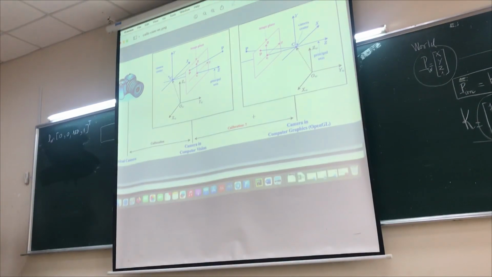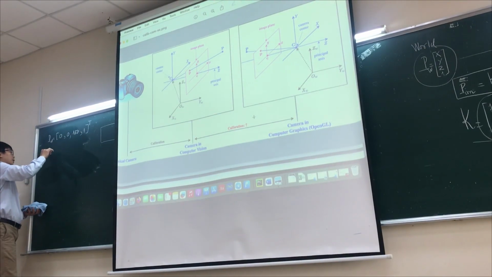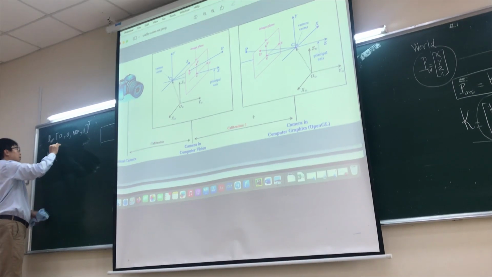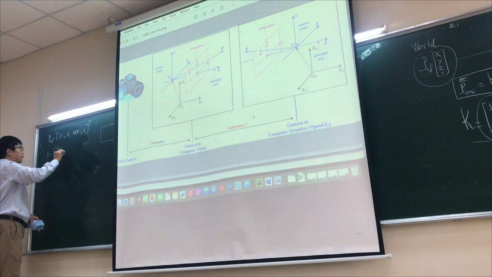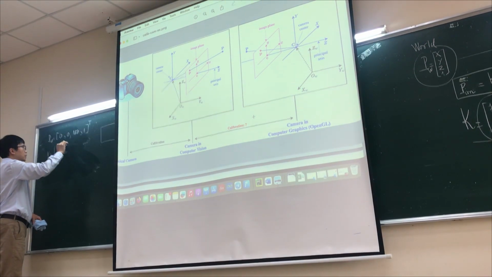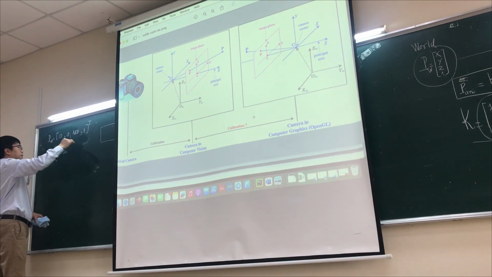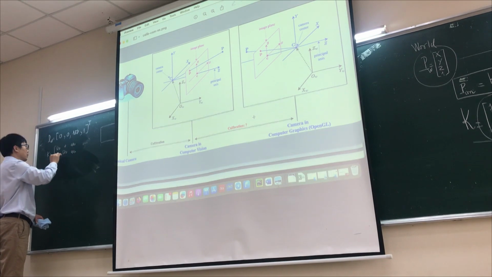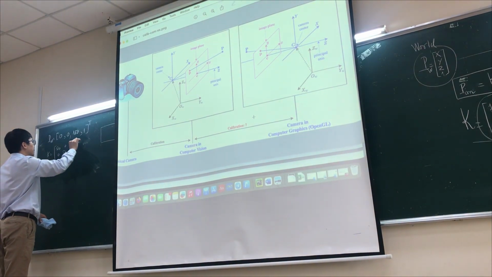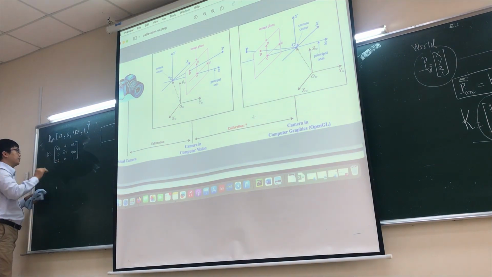Okay, that is for P. And K equals, let's say, 500 here, 500 here, 0 here because the pixel is square, and here we have 400. So K is 3 by 3.